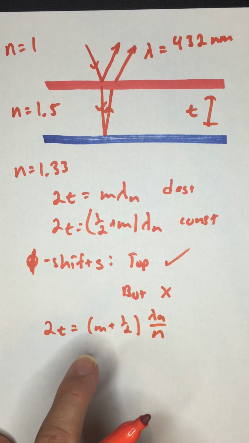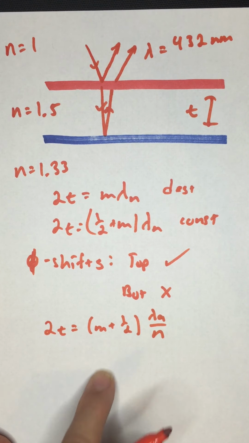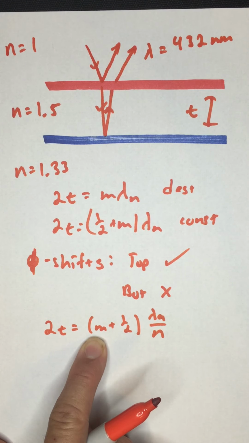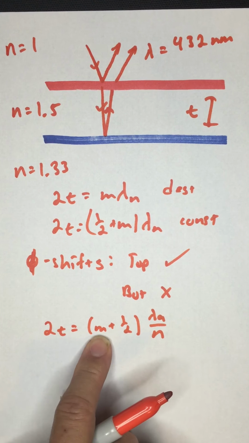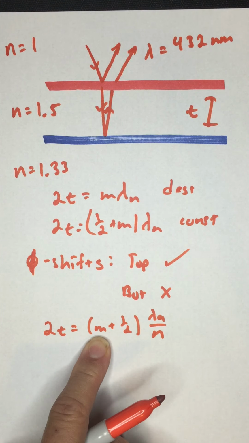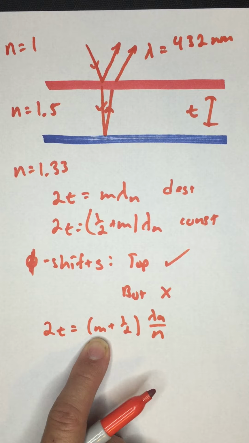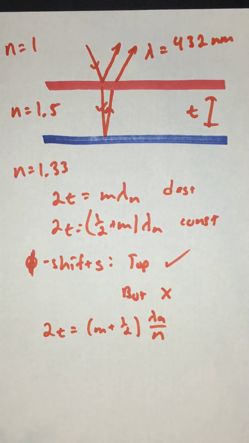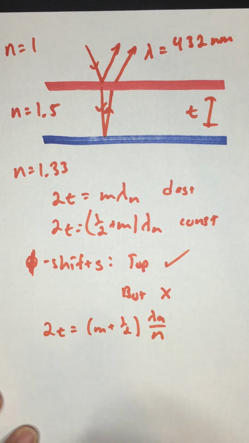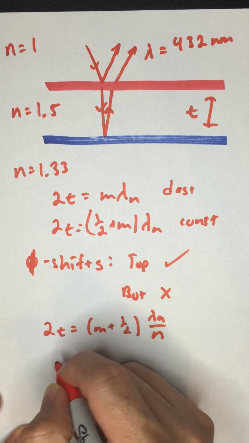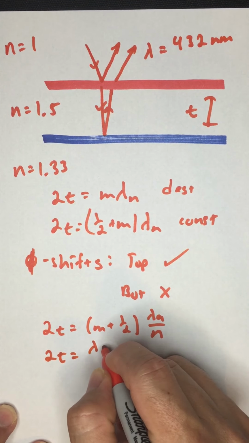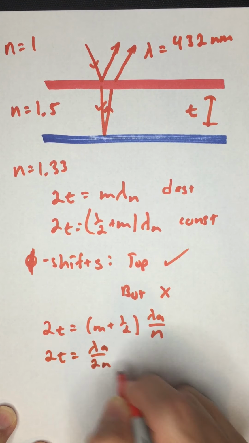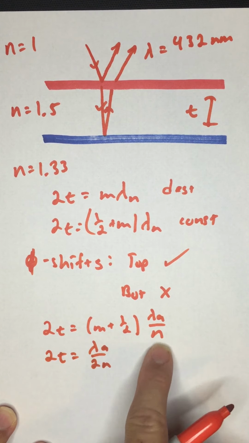But what is the minimum order here? Well, m is an element of the set of integers, 0, plus or minus 1. We're going to forget the negatives here. 0, 1, 2, 3, 4, 5, 6. Well, what's the minimum it could be? You might say 0, and I would say you're absolutely right. So let's pick out, because I've asked for the minimum thickness, m is equal to 0, which is going to give me 1/2. And so I get 2T is equal to lambda air over 2n. 0 here, 1/2 times that.